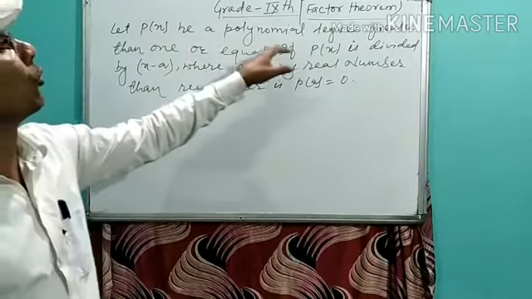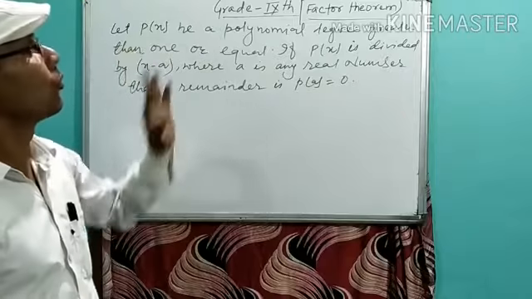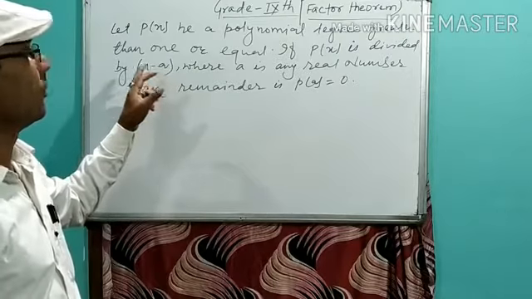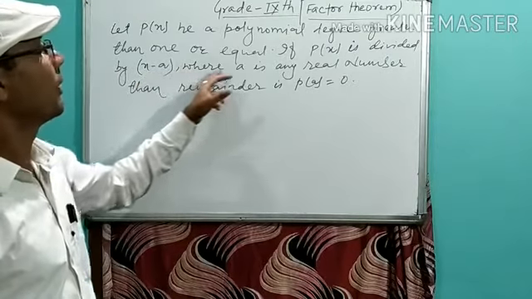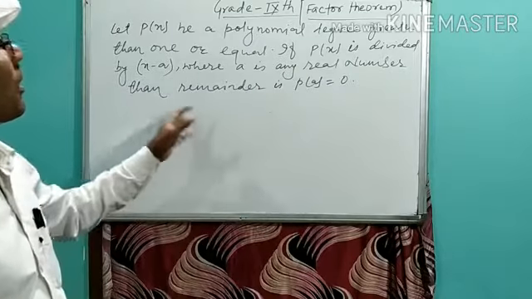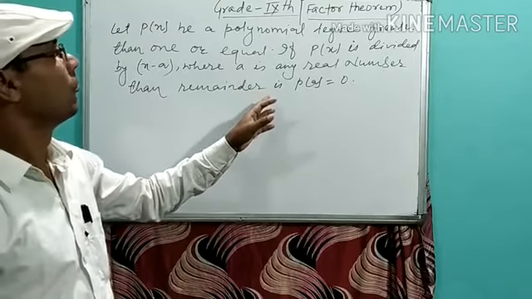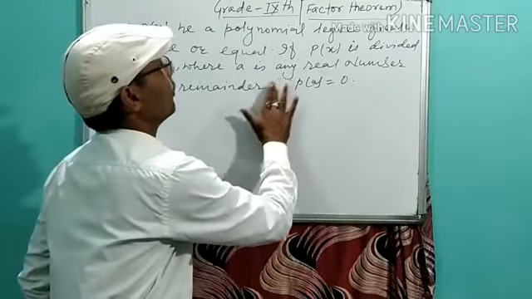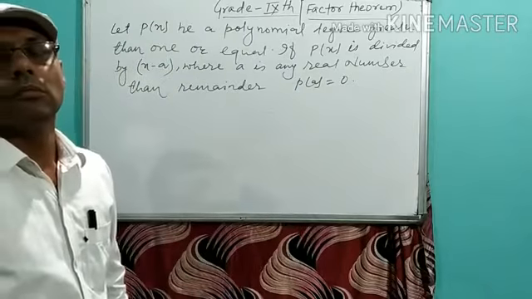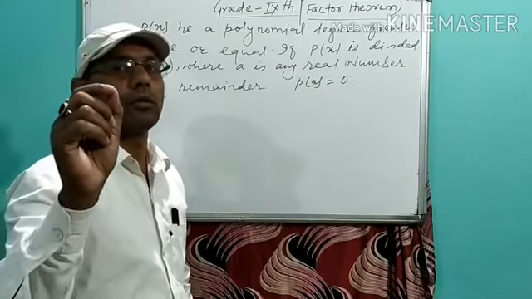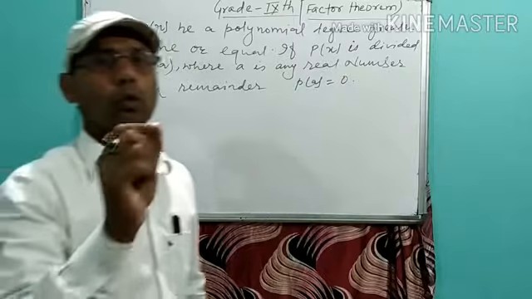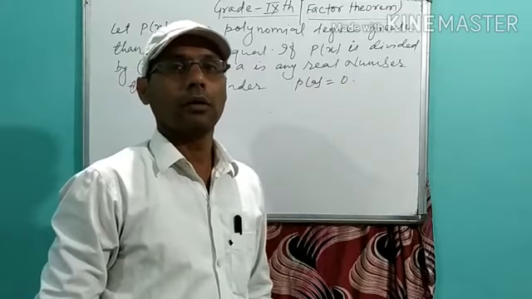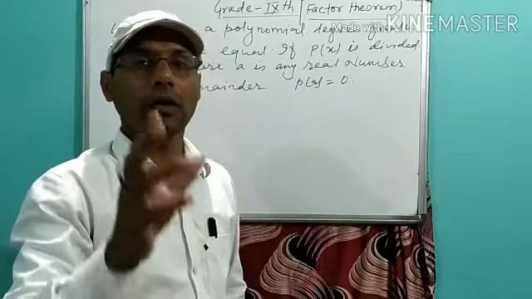Let p(x) be a polynomial of degree greater than or equal to 1. If p(x) is divided by x minus a, where a is any real number, then the remainder is p(a) equal to 0. This is the factor theorem. Suppose a polynomial is divided by another polynomial, and after division the remainder comes 0.